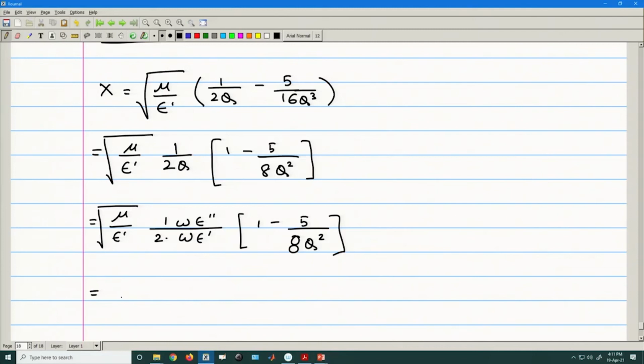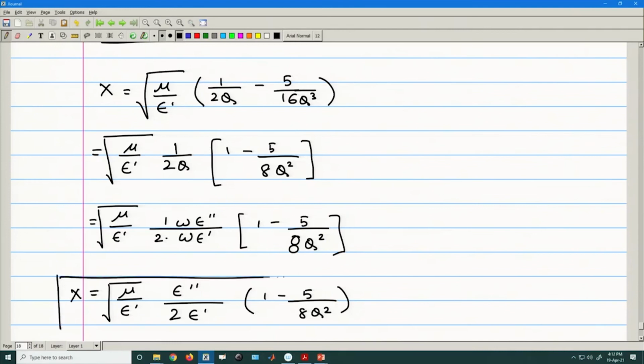So we get it as mu upon epsilon prime. So this omega cancels out and we are left with epsilon double prime upon 2 epsilon prime 1 minus 5 upon 8 q square. Okay, so this is also proved.